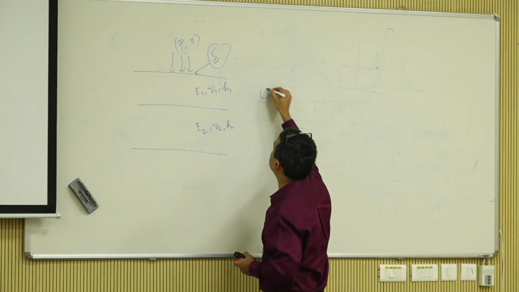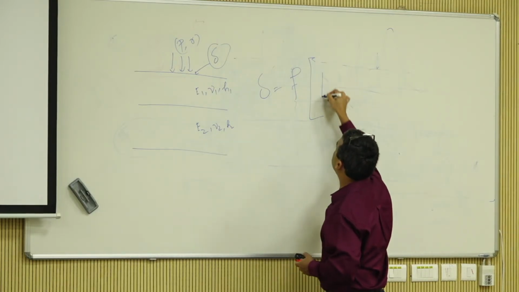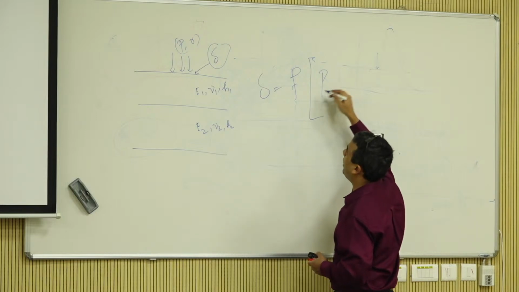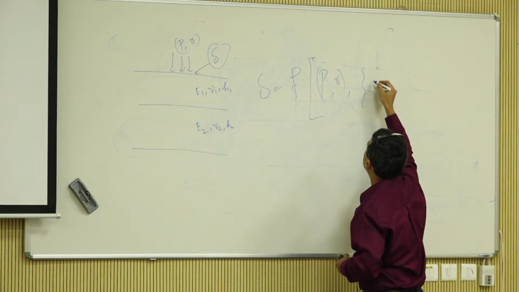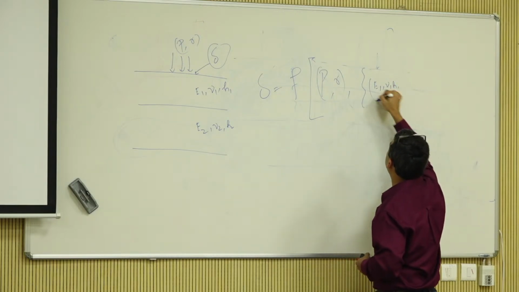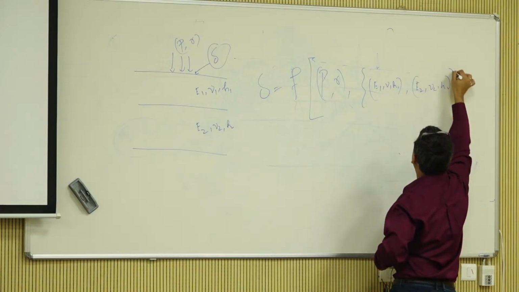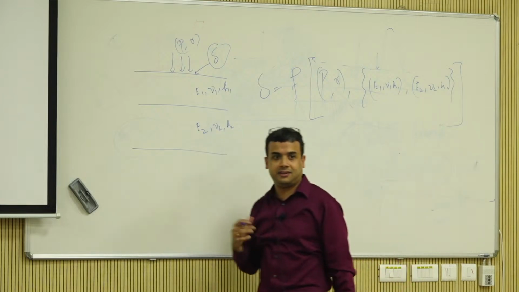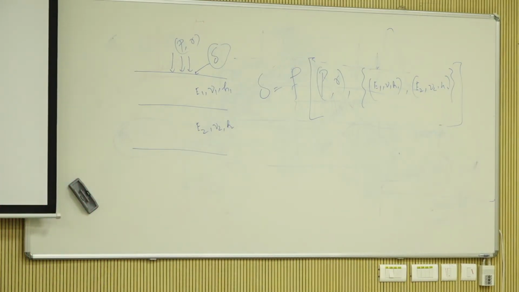So deflection is a function of the P, R combination, and you have layer 1 E1, mu1, H1 and E2, mu2, H2, right? That is deflection. That is your beam theory. Your delta is equal to PL cubed over 48 EI or whatever you do, right? That's that.